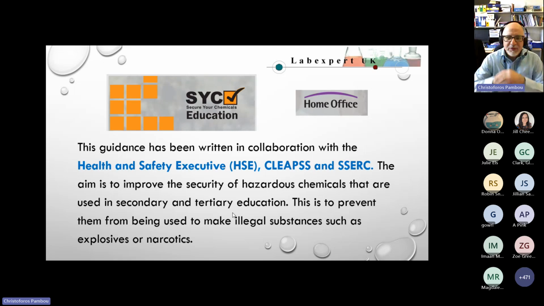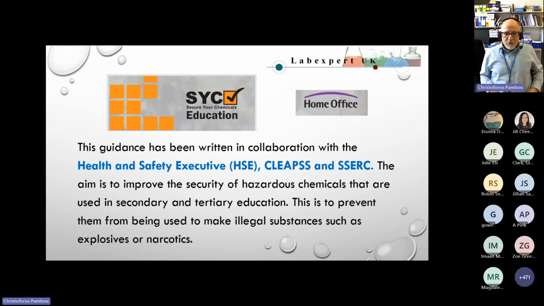Okay, we are moving on to something that was produced a while ago, and not many people talk about it. I think it's really important. It's the Secure Your Chemicals in Education code, which was produced by the Home Office. The Home Office approached the Health and Safety Executive, CLEAPSS, and their Scottish counterparts to write this document.